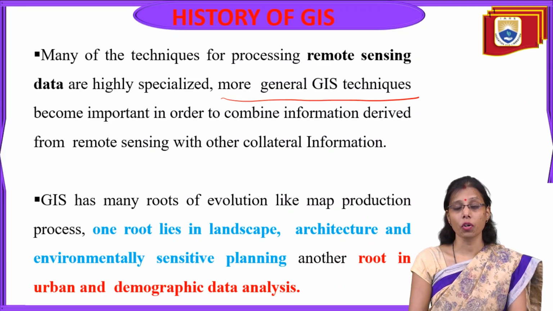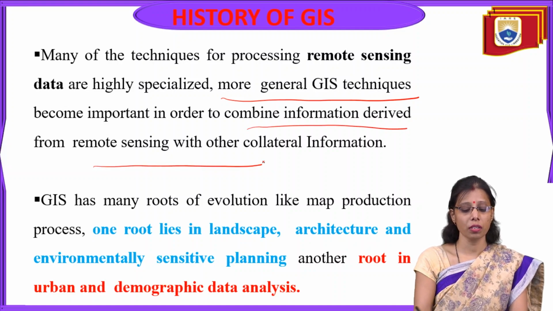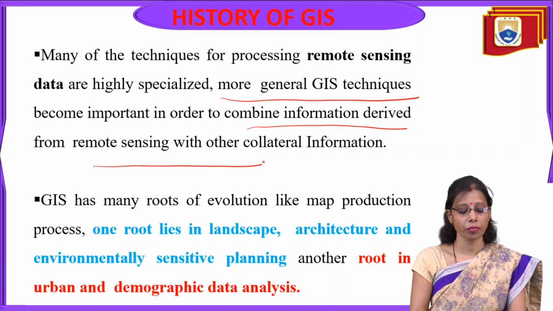We discussed remote sensing in the previous lectures: remote sensing gives us the data, and GIS helps us to display the data. Due to remote sensing techniques, GIS was getting the important data, and based on that data the information was displayed.